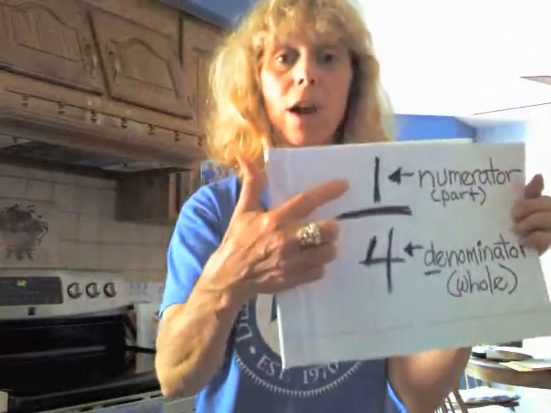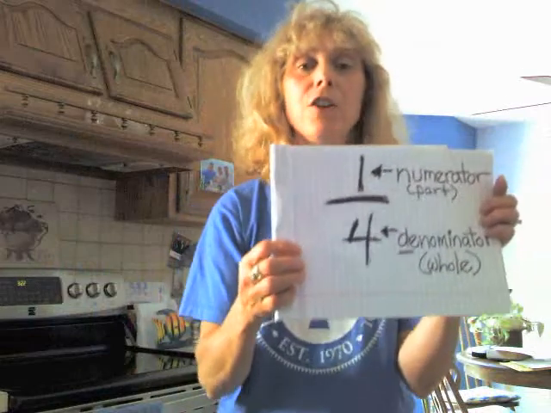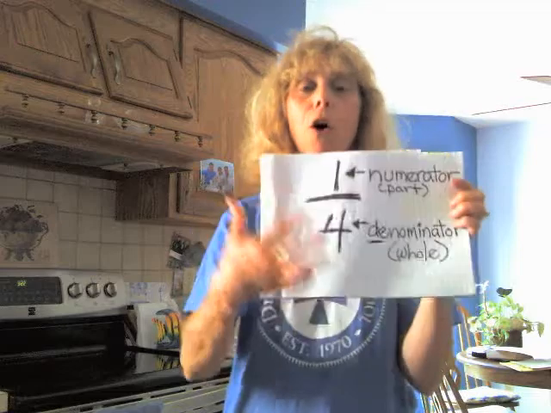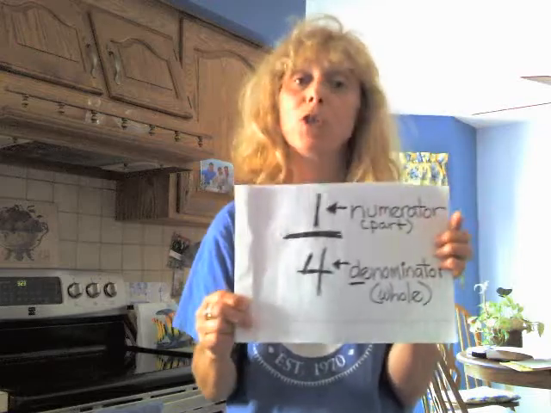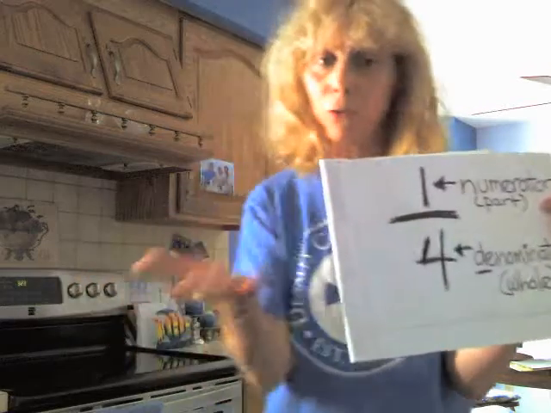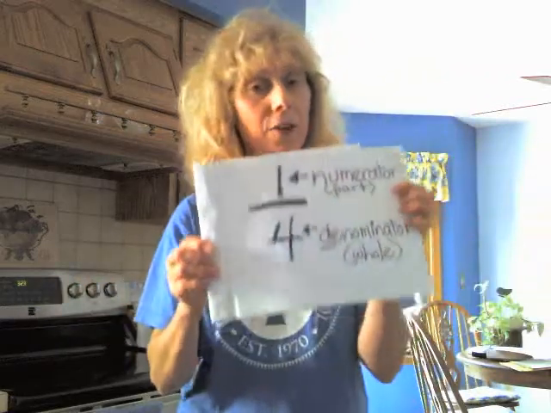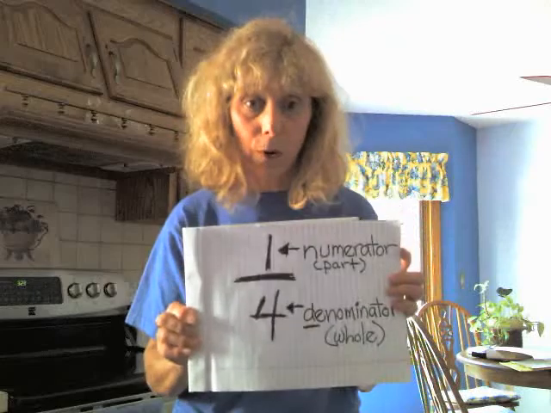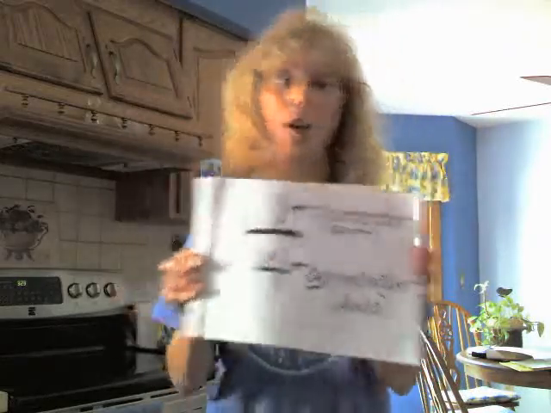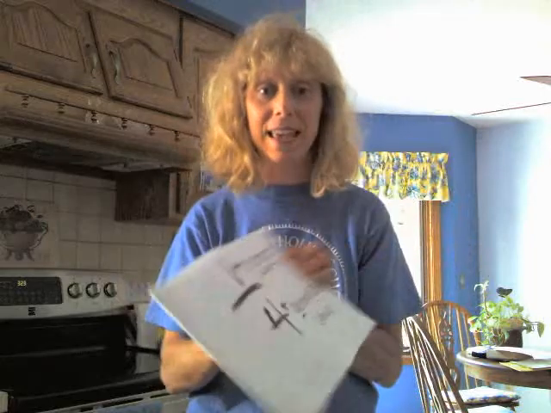That's where I get the 1/4 from. Numerator over denominator. The part over the whole. Remember that because when we do ratios, you need to know that too. By the way, I know you 6th graders know this. Another name for a fraction, ratio. Ratio, fraction, same thing.